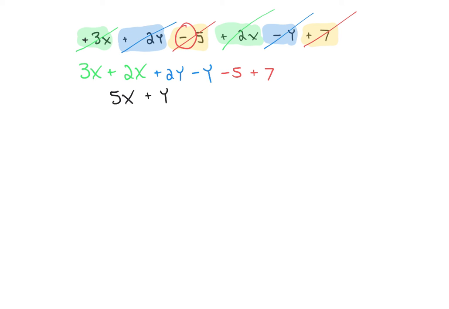And then if we have -5 plus 7, this is very similar to saying 7 minus 5. -5 plus 7 equals a positive 2.